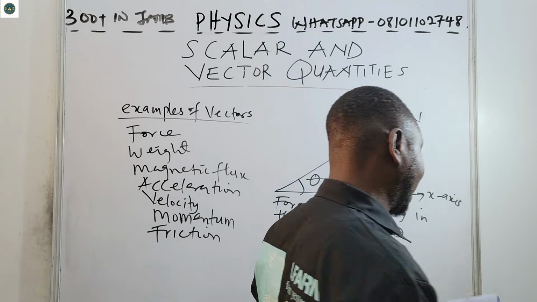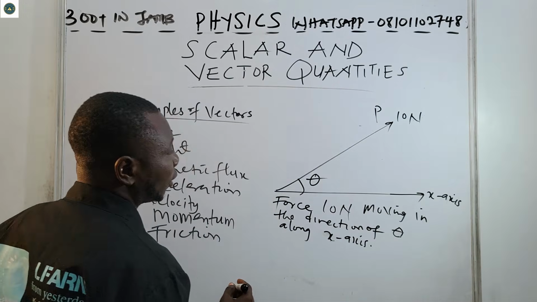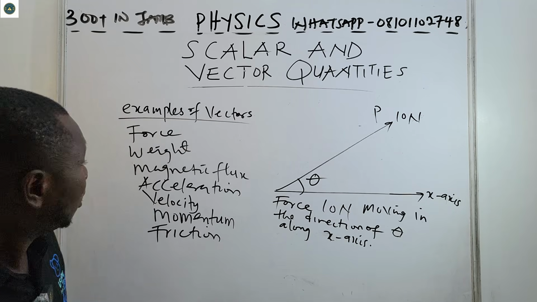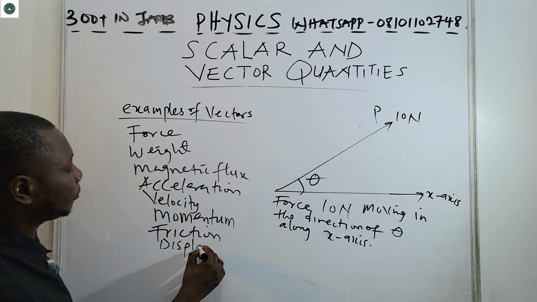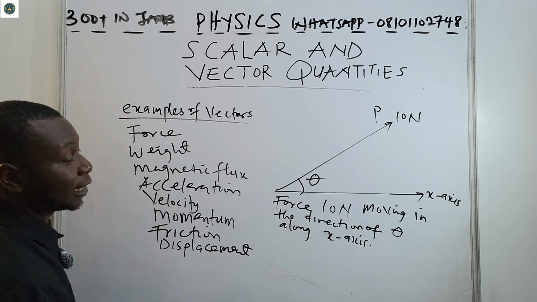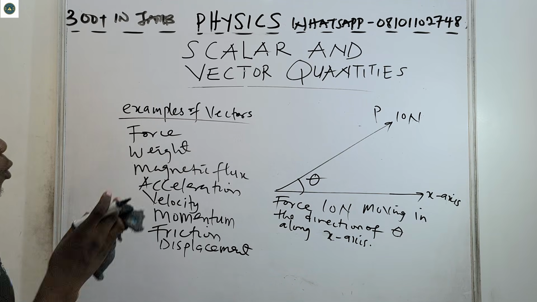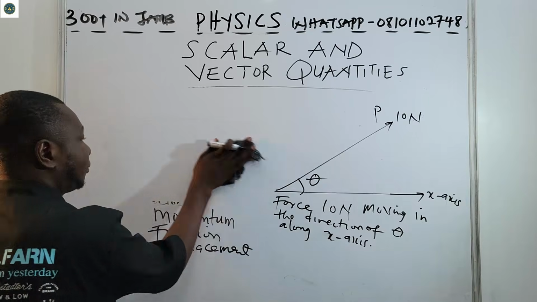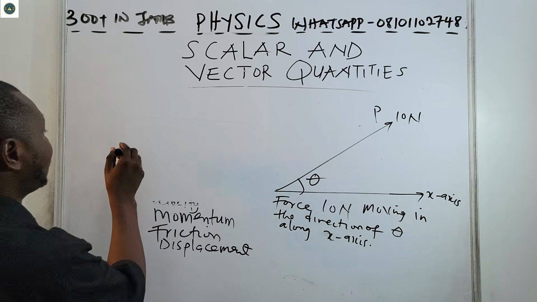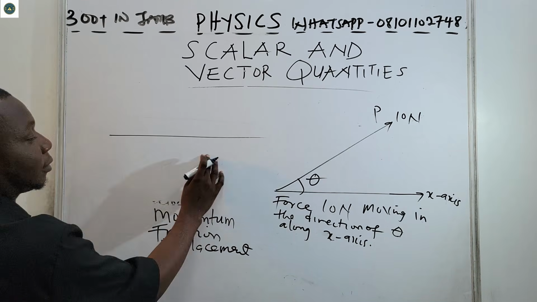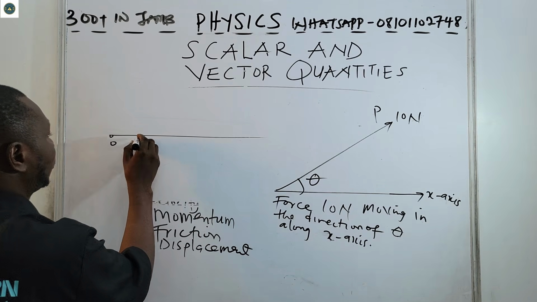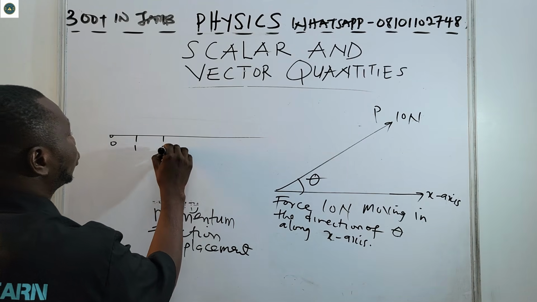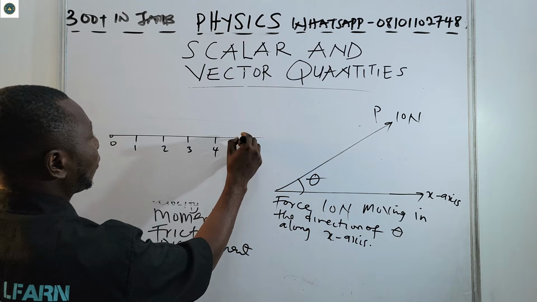What is that relative term? As I've said before, under displacement. Among the vectors, we also have displacement. I made an example before, along this horizontal axis. Let's say we have the point of origin, 0, 1, 2, 3, 4, 5.